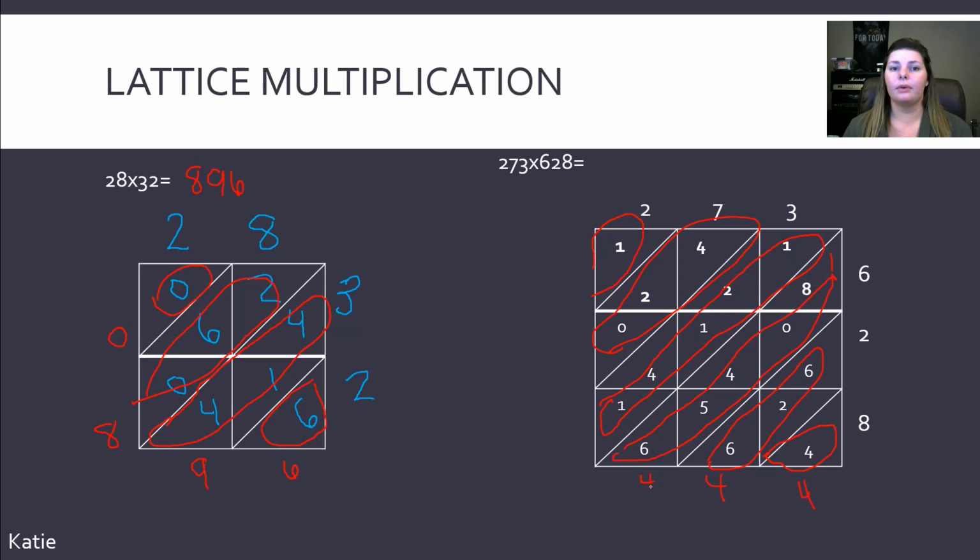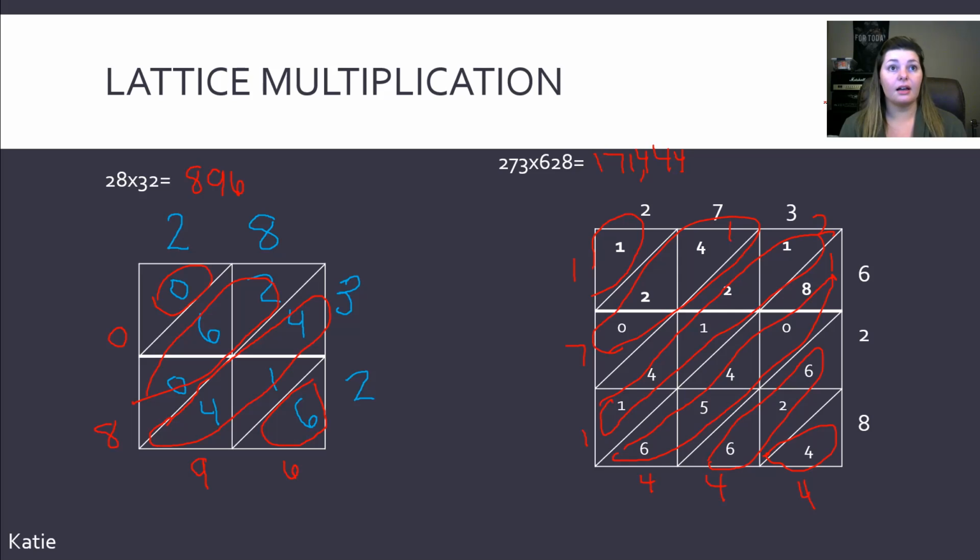So we keep the 4, carry the 2, 4, 5, 6, 7, 8, 9, 10, 11. 1, carry the 1, 4, 5, 6, 7, and 1. So then we just write 171,444, add our comma, and then let's check ourselves.